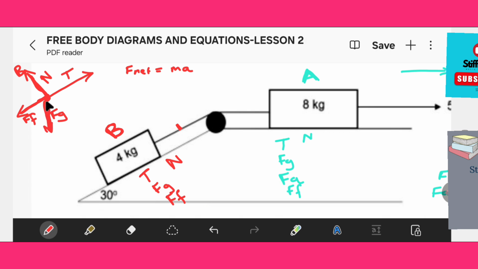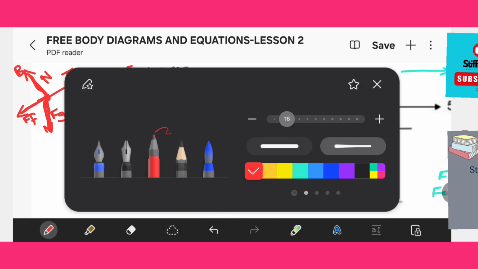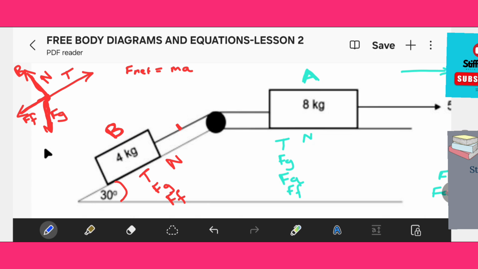Since this Fg is at an angle, and each and every body that is at an incline has two components, these components are Fg parallel and Fg perpendicular. You can find Fg parallel by using Fg sine of theta, theta being this angle, and Fg perpendicular is equivalent to Fg cos of theta.